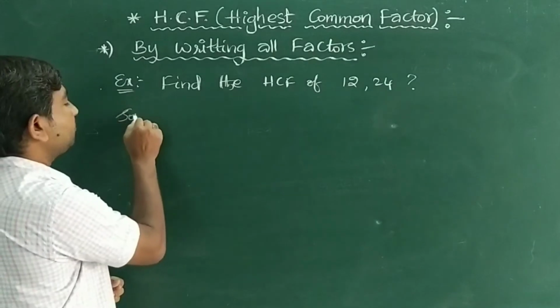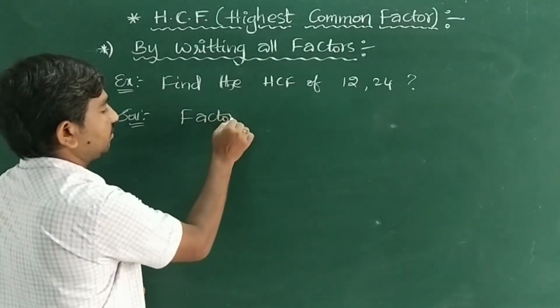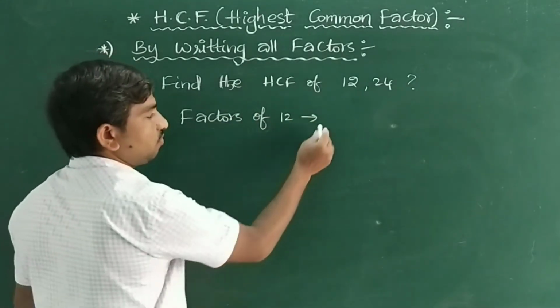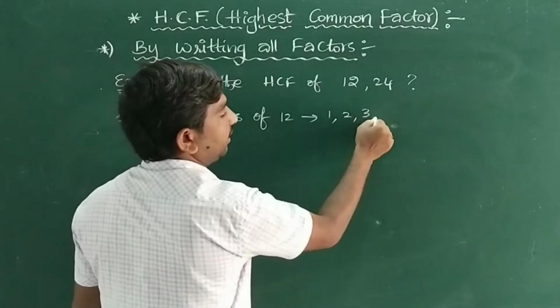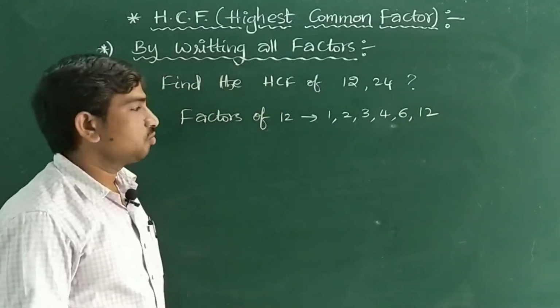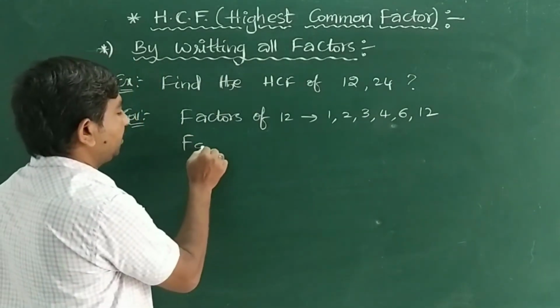Factors of 12 first. What are the factors of 12? 1, 2, 3, 4, 6 and 12. And factors of 24.